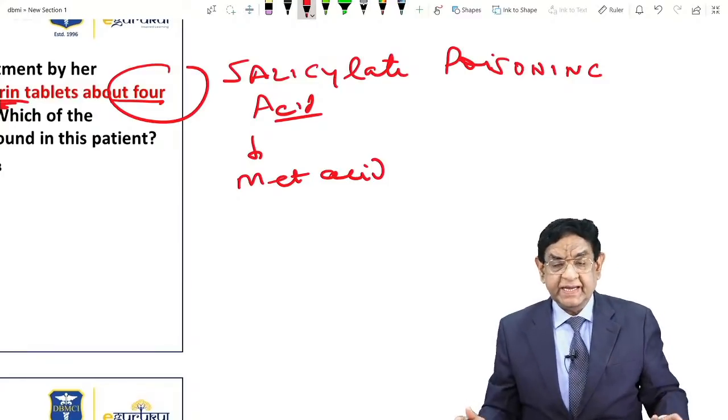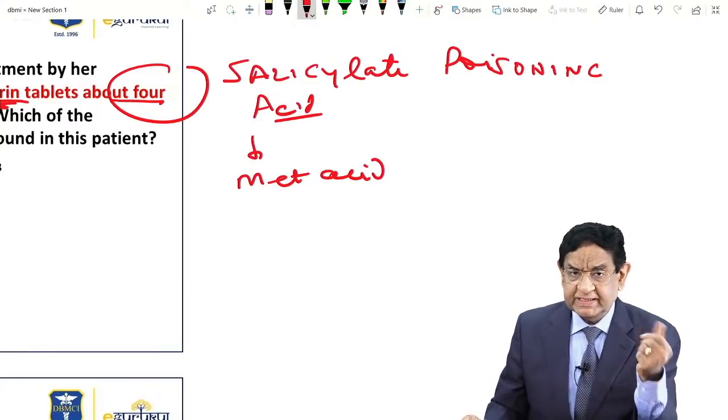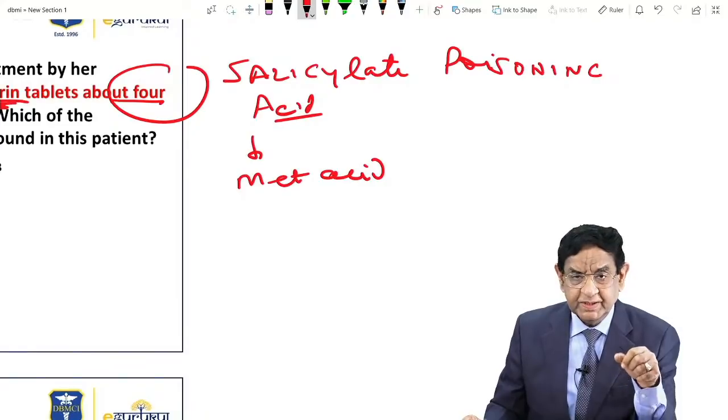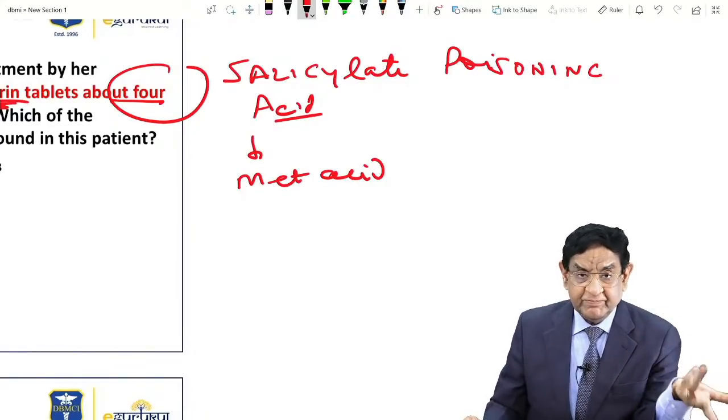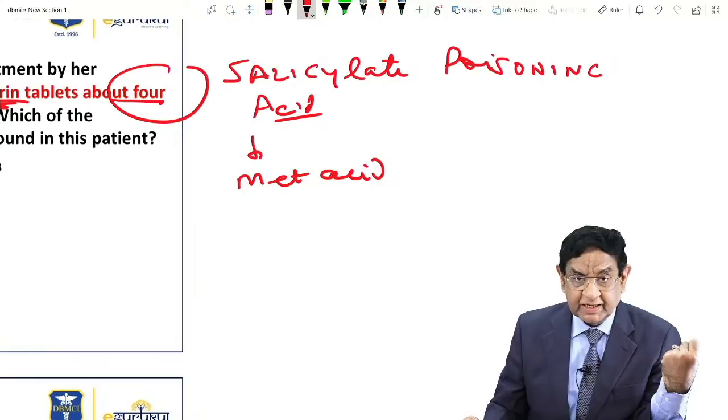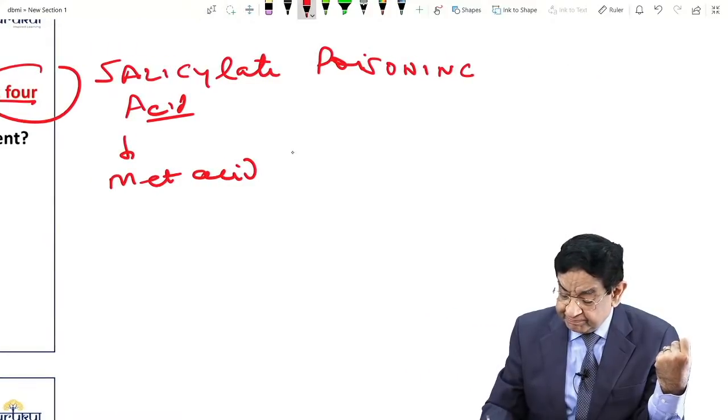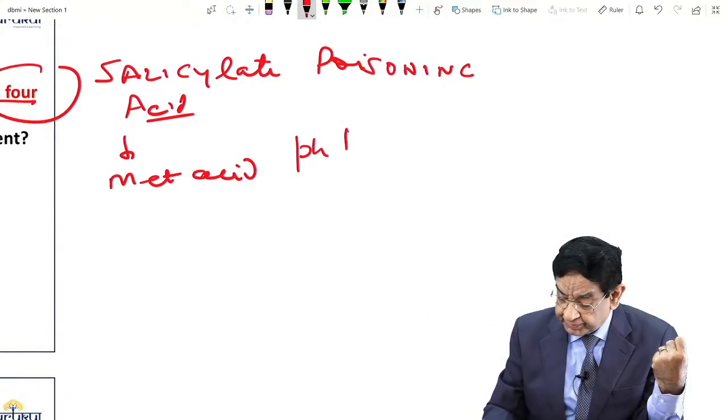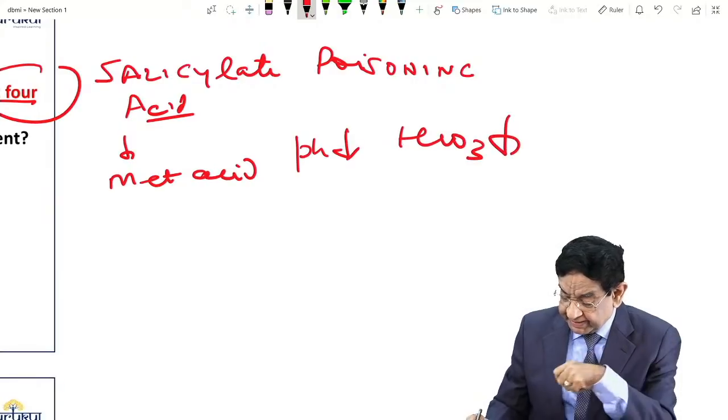Why? Because, as I told you, it is itself an acidic compound. So when severe metabolic acidosis occurs, immediately pH will fall, bicarb will fall. This will happen immediately.